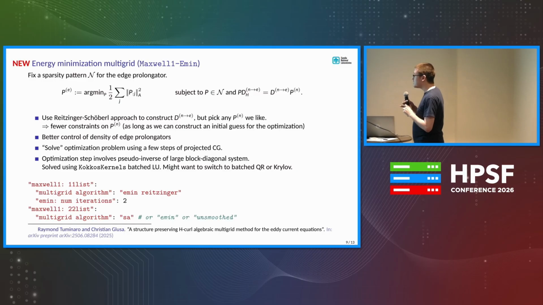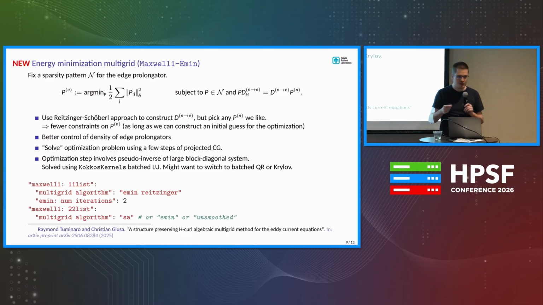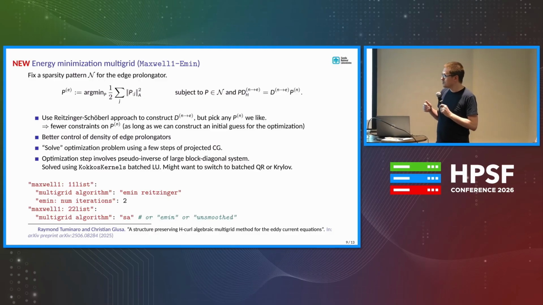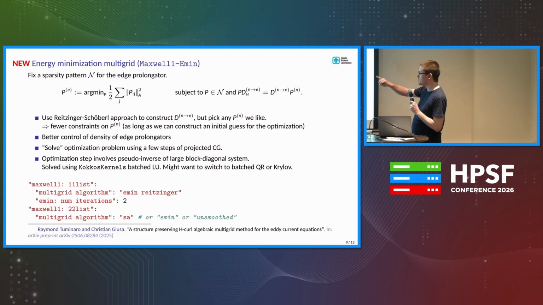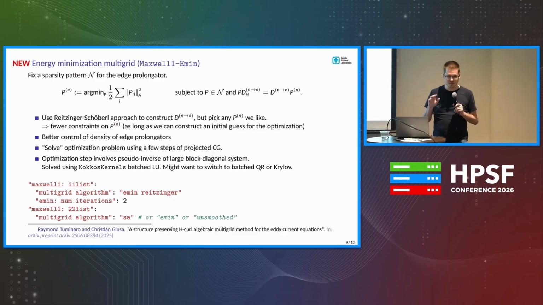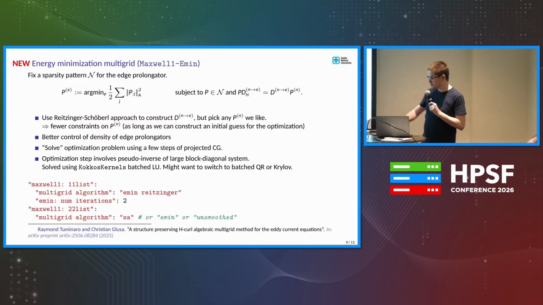I should also say that the solution of this involves the inversion of a large block diagonal system, with the blocks typically on the size of, I don't know, 10 to 20. So what we're using for that is Kokkos Kernels batched LU. We also have an option for using Belos for that directly, with some small modifications to make that work. And we would ideally want to switch to a batched QR also from Kokkos Kernels.